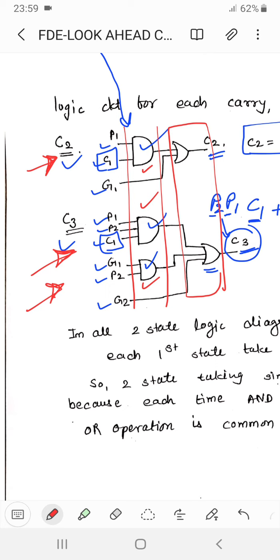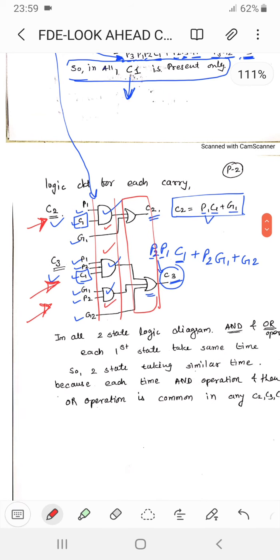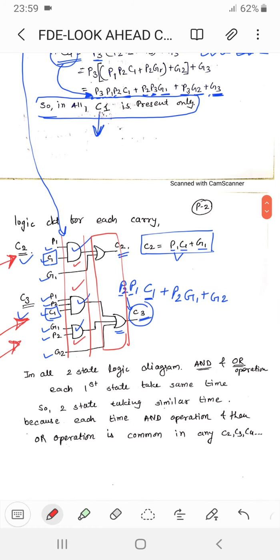So total timing will be reduced, and this is the good thing about the carry look ahead adder. The carry look ahead adder is the adder that works on this particular principle. In all, it is a two-stage logic diagram, with AND and OR operations only. Each first stage takes the same time and each second stage takes the same time, because the AND operation and then the OR operation is common in any carry bit.